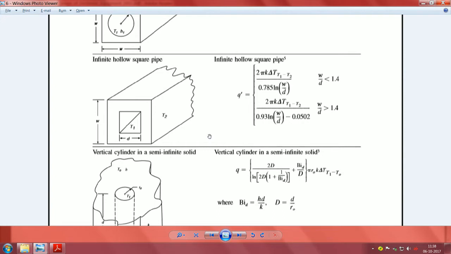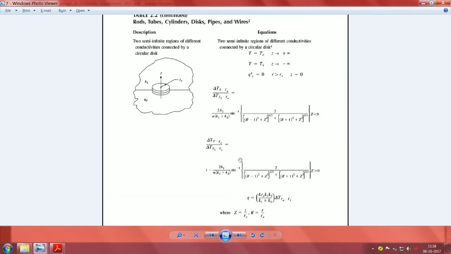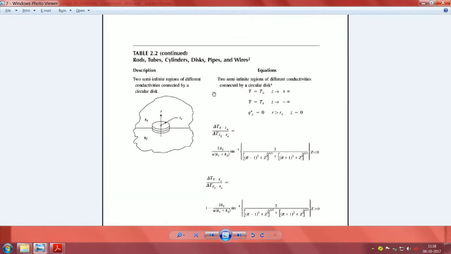Why are all these mentioned? As somebody has said, each case is unique and there is always this delta increment in knowledge. So, since this information is available, if you know the geometry of the existing materials, it is very much possible for us to go through all these equations, semi-infinite regions of different conductivities connected and so on.